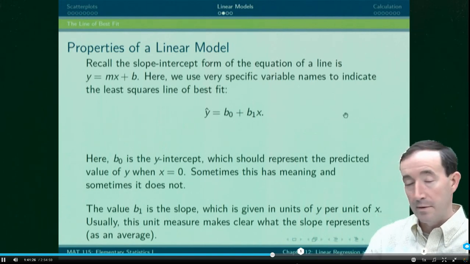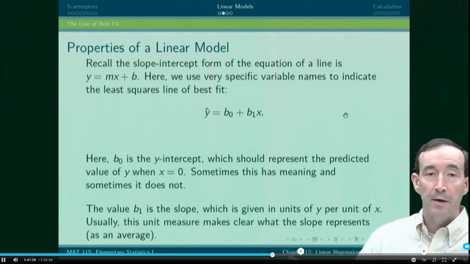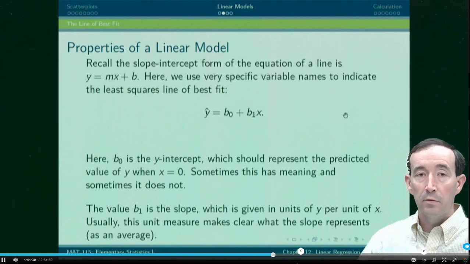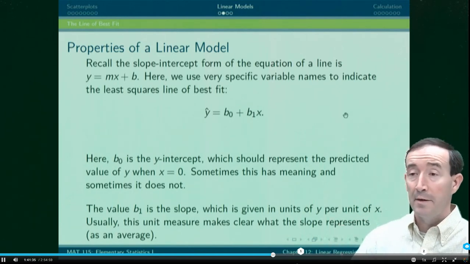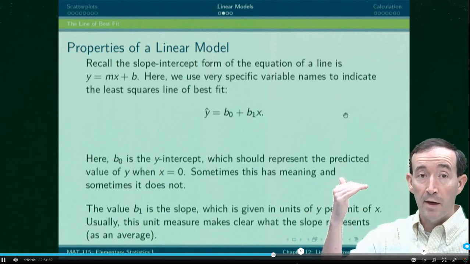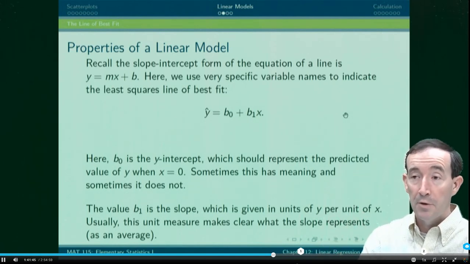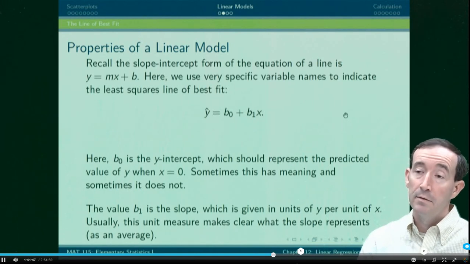If I'm looking at distance traveled over time, then my y units would be the distance traveled, maybe it's miles, and my x units would be the amount of time, maybe it's hours. And so if I compute a slope there, the units would be units of y per units of x, which would be miles per hour. It should be pretty clear that that's an average speed.